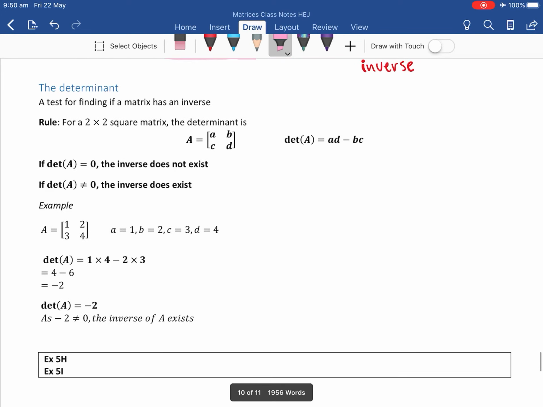To figure out whether a matrix has an inverse, you need to find the determinant. It's the test for whether a matrix has an inverse.